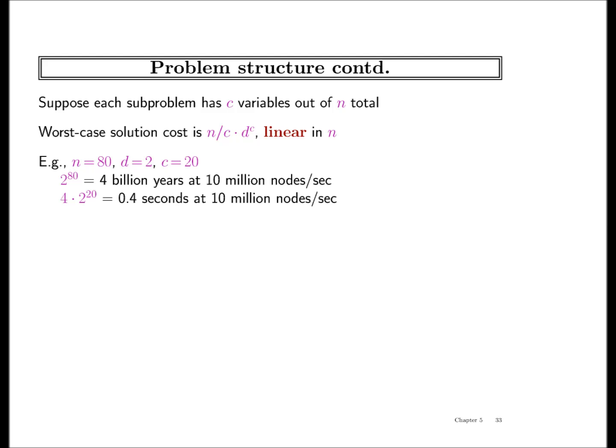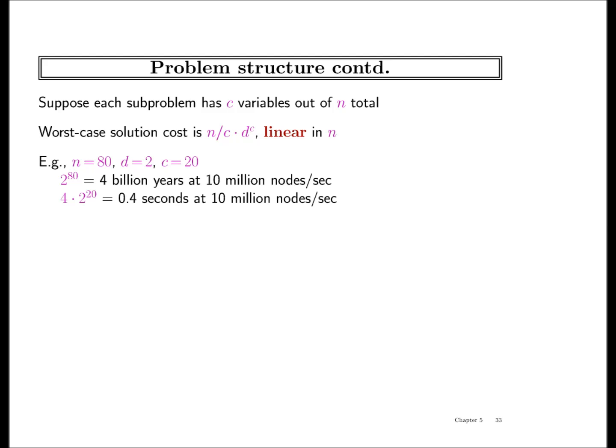So we had c equal to n over 2 in our example. So this is one example where if I had 80 variables, a SAT problem, so everything is true or false, and I could divide it into 4 different problems, then 2 to the power 80 will take 4 billion years, while 4 times 2 to the power 20 will take 0.4 seconds. So it can be immensely powerful, this identifying subproblem business.